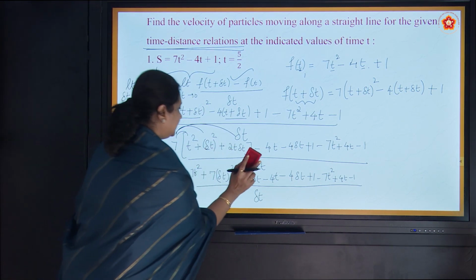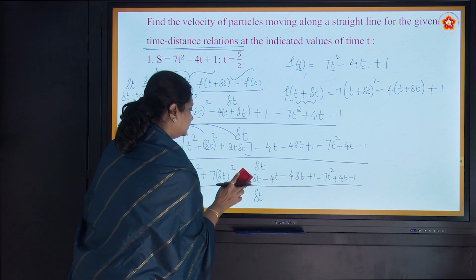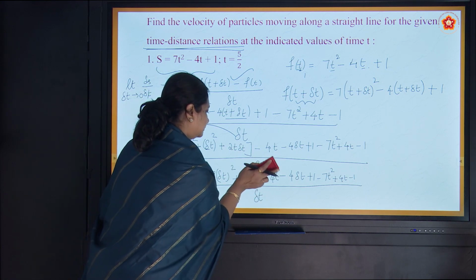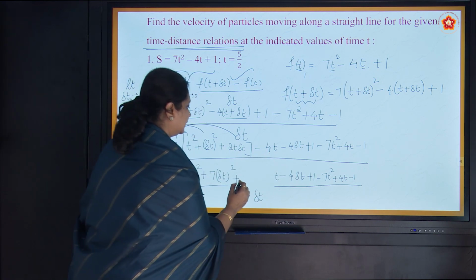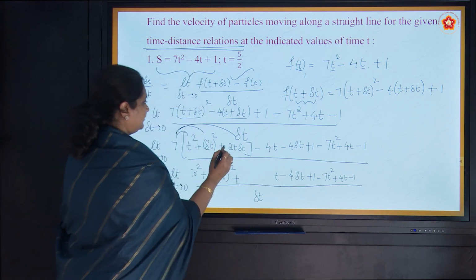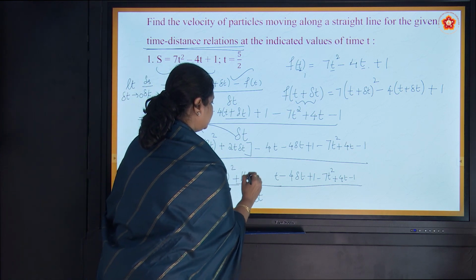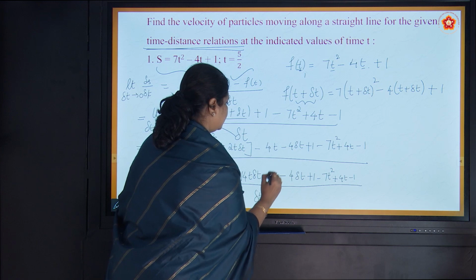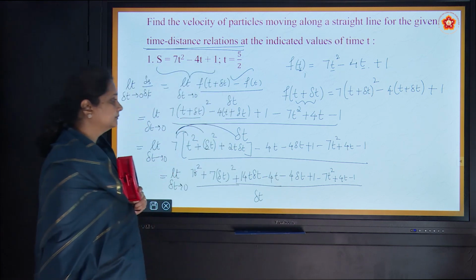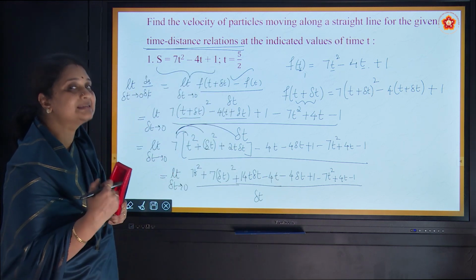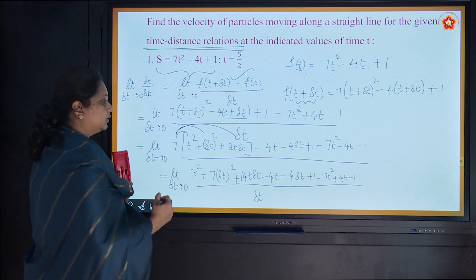There's a small mistake here. This should be 7 into 2t, that is 14t delta t minus 4t. Okay, so let me simplify even further, look for opportunities.